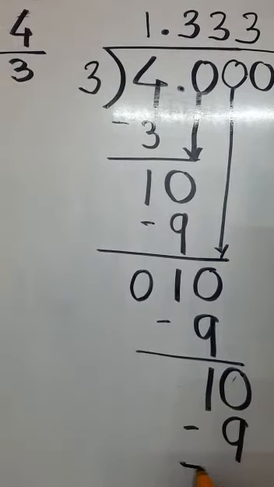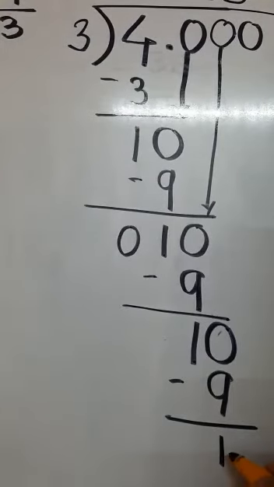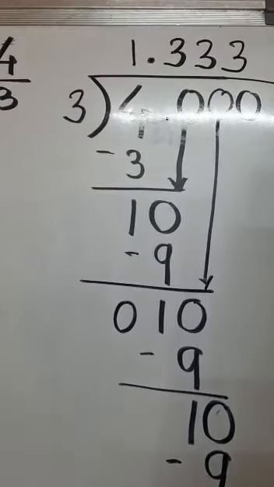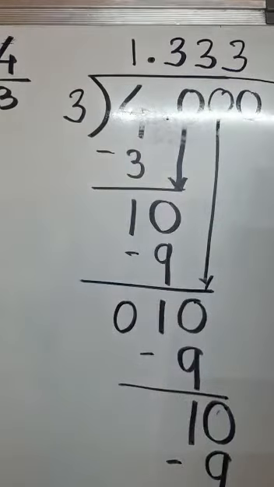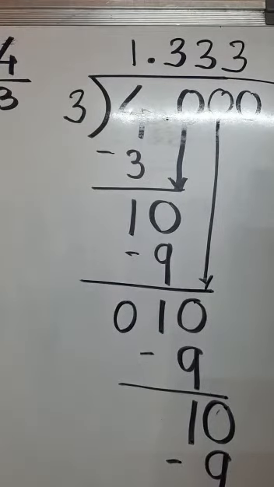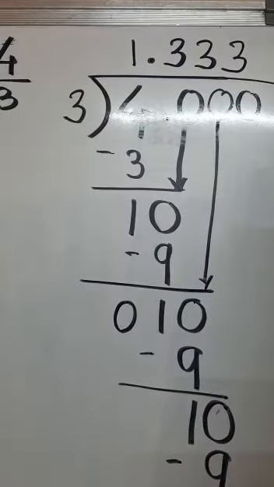So if you notice, every time you are getting the remainder as 1 and this number 3 in the answer is repeating again and again. So such type of division is called the recurring decimal form. It means this 3 will be repeated again and again.